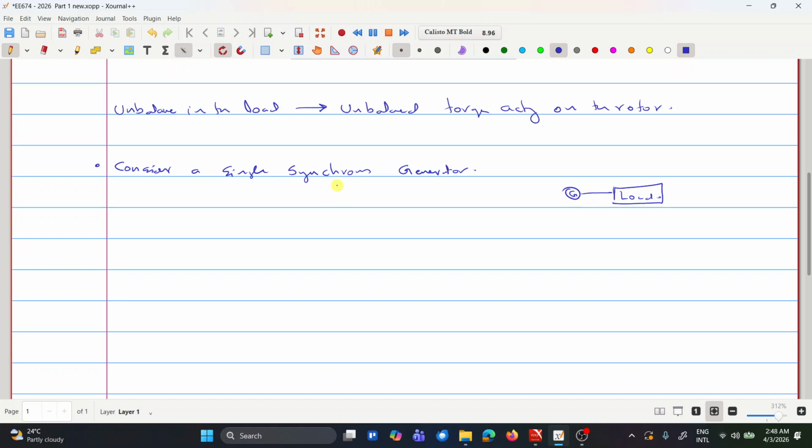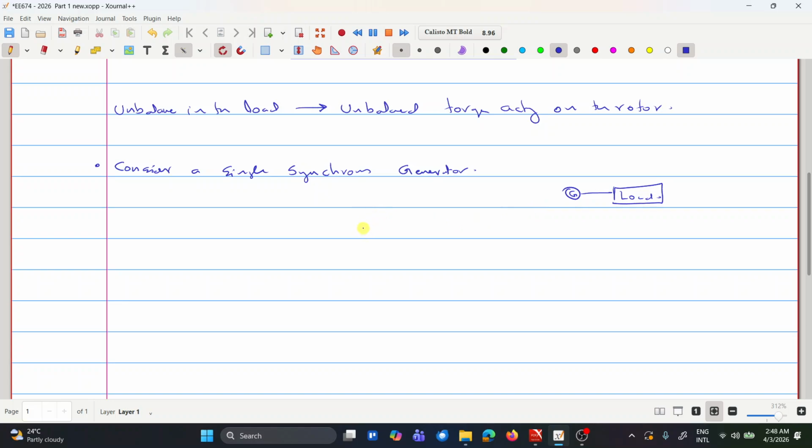If you take a look at the generator, there will be a mechanical power input to the generator by the energy source. If it's a coal power plant, the coal is the energy source. If it's a hydropower plant, the water or the hydro is the energy source, right?